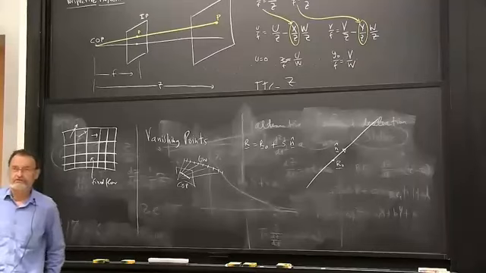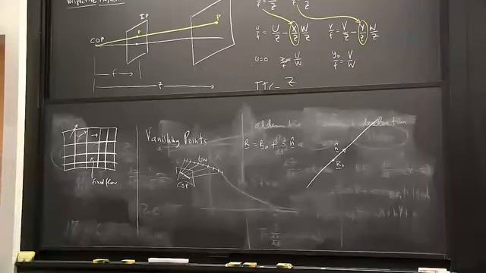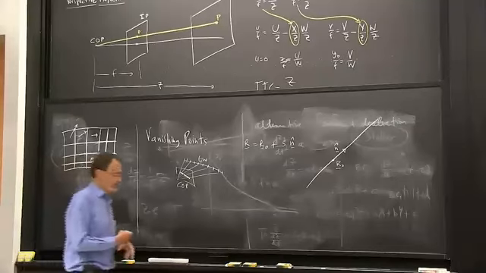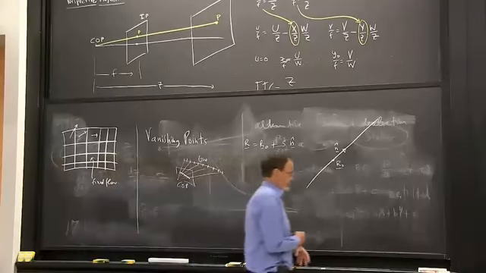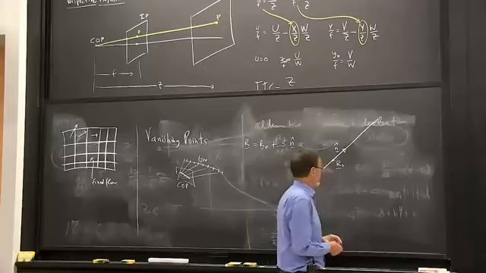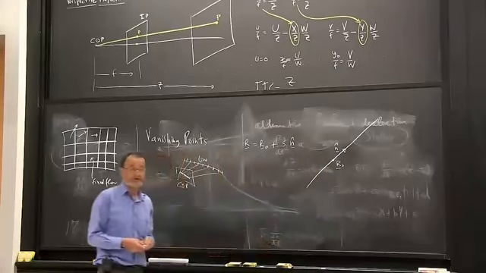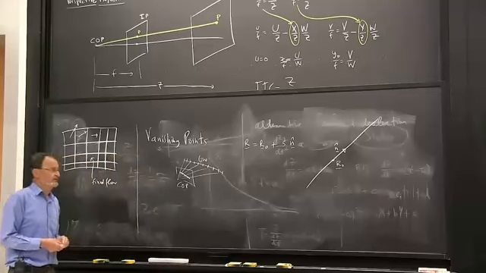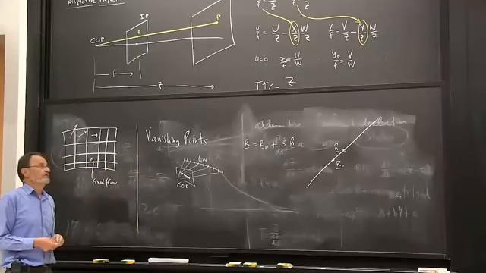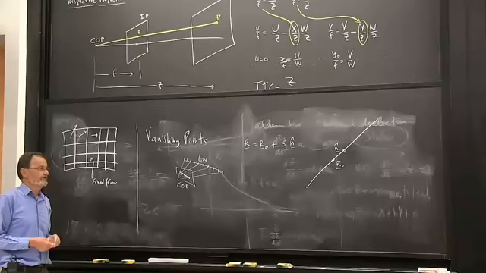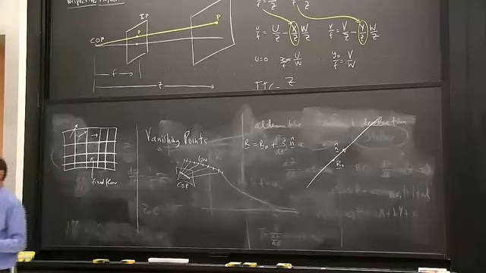What are other ways? Can you think of some other ways? We can do a parametric representation where, for example, x is some function of some parameter t, and y is some function of parameter t, and z is some function of parameter t. Or we can have some implicit representation. Or we can intersect two planes. And why is that convenient?